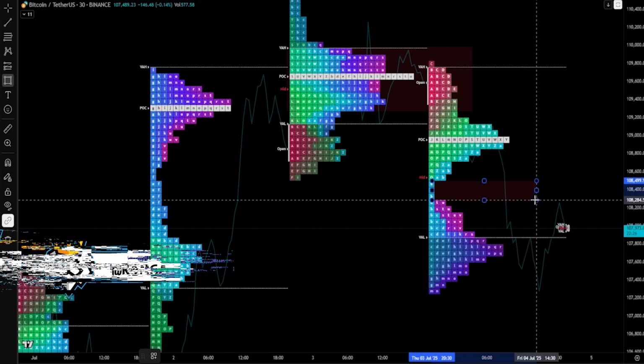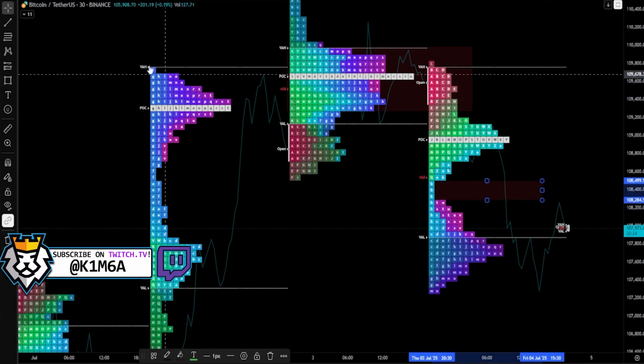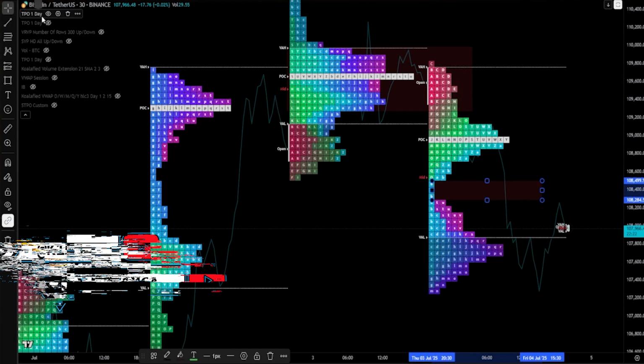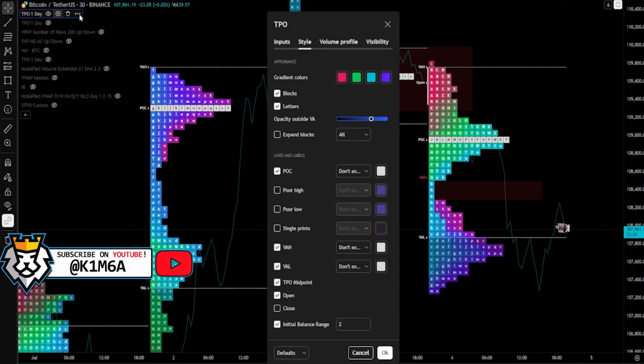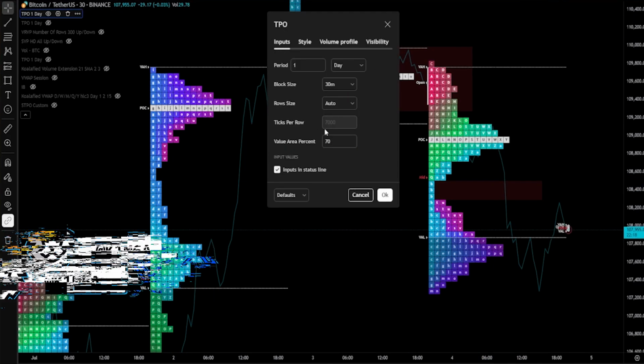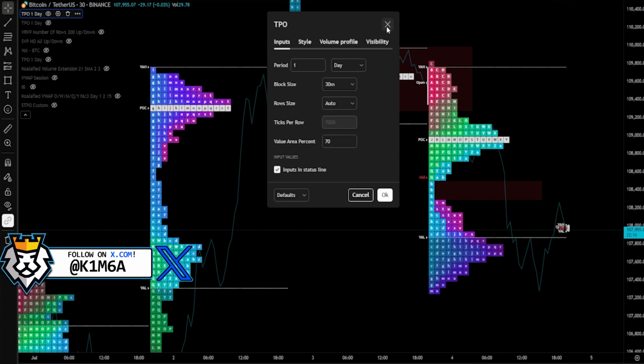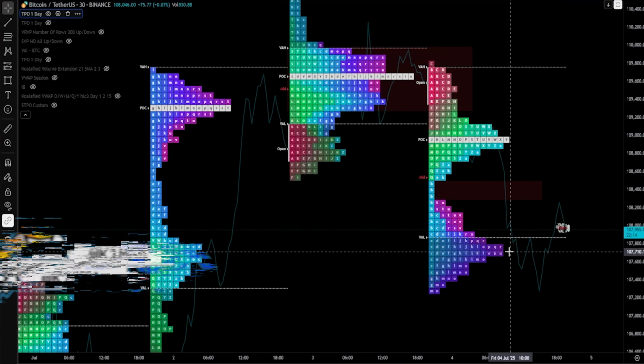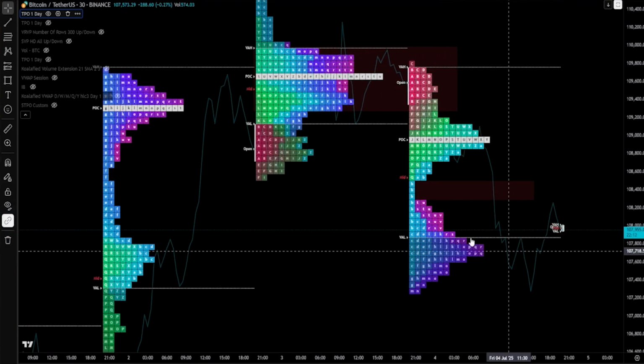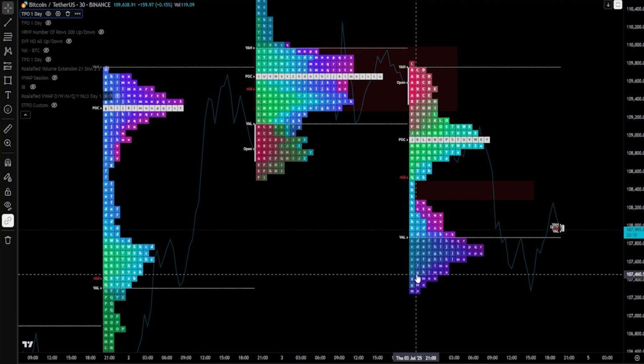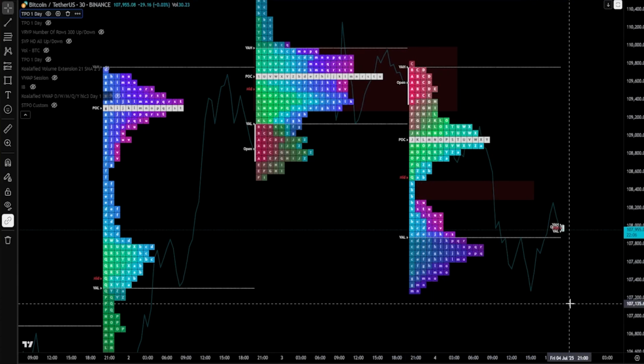And this is set at $70 rows. Yep, so it's $70 rows. That's where a single print is. And that is one 30-minute period in the session that price traded and did not trade again.